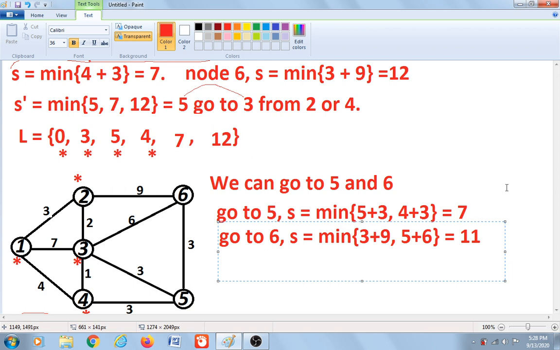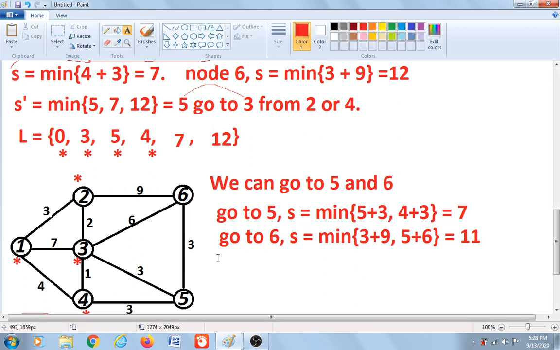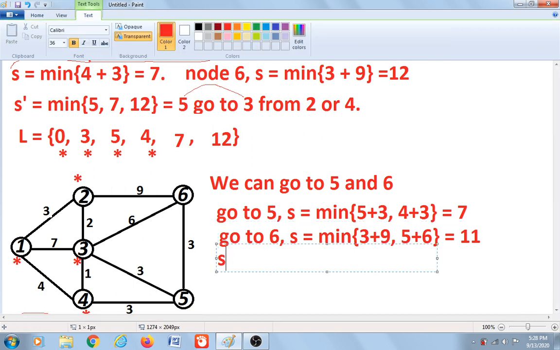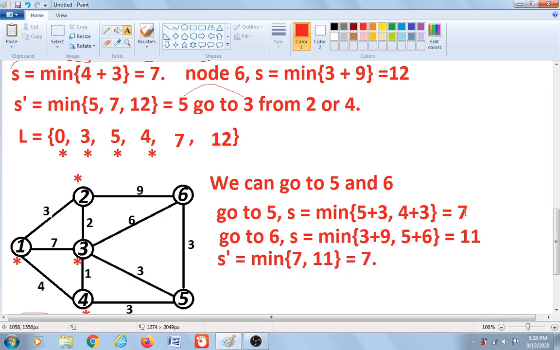Okay, and then we calculate the s prime. S prime is the minimum between 7, 11, and that is equal to 7.